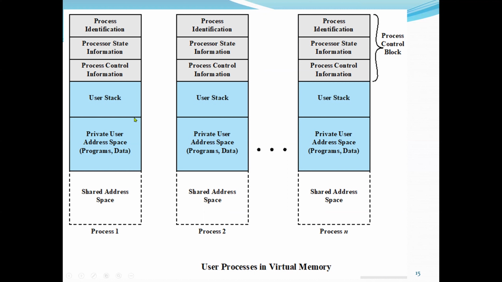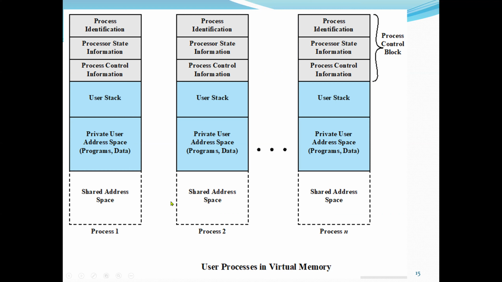In this diagram, each process image appears as a contiguous range of addresses. But in actual implementation, this may not be the case. It will depend on the memory management scheme and also the way in which control structures are organized by the operating system.